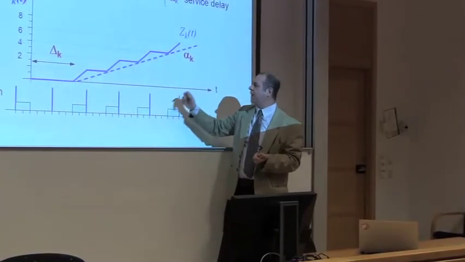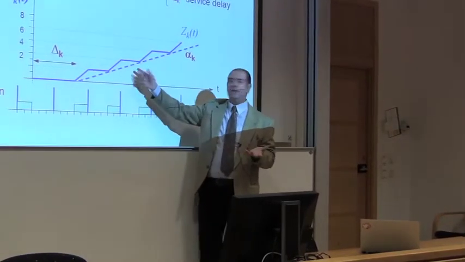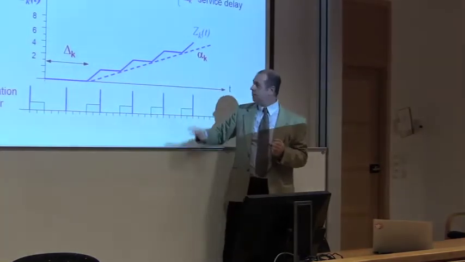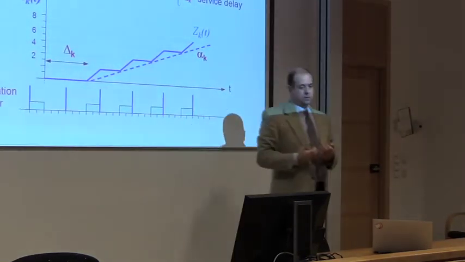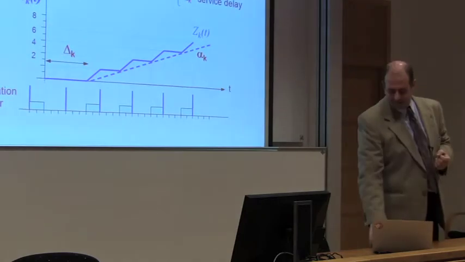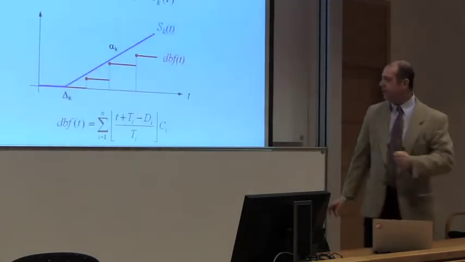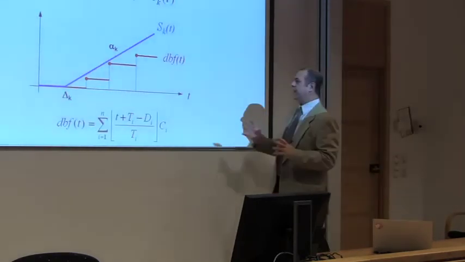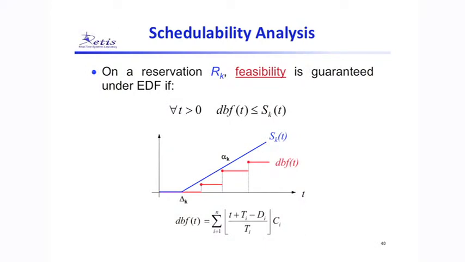So basically, this is not exact because we lose something, but it's much simpler to verify in terms of complexity. So in other words, to verify the feasibility of a real-time application, we just need to verify whether the application demand in any interval is less than the new function, which is specific for a reservation.